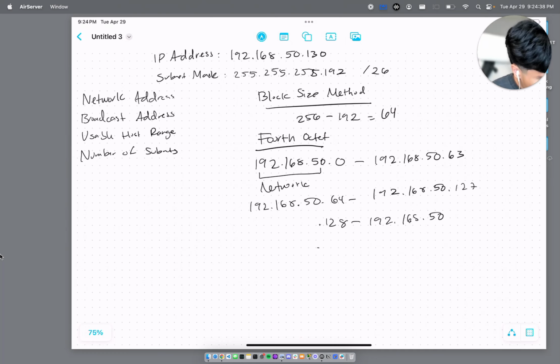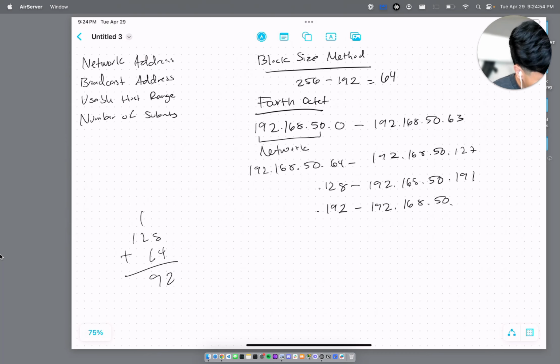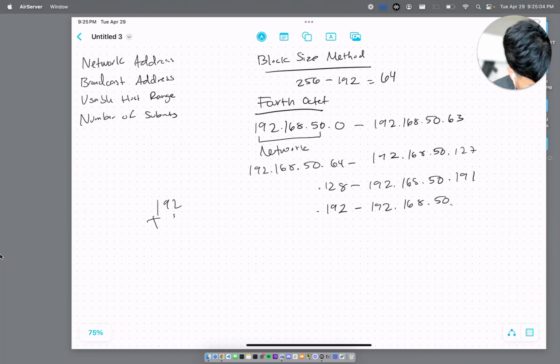Then 192.168.50.128 to 192.168.50.191, and I'm going to stop there. 192 plus 64 is 256, so 255.